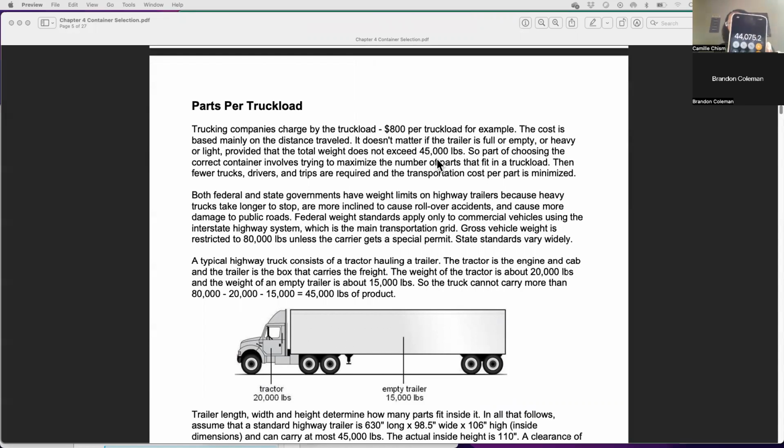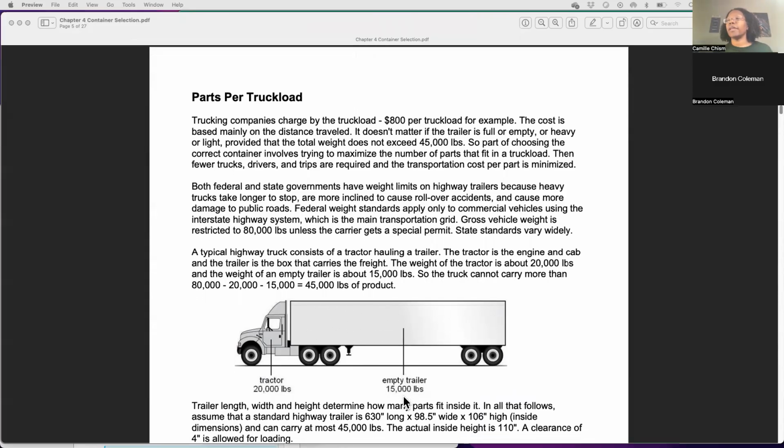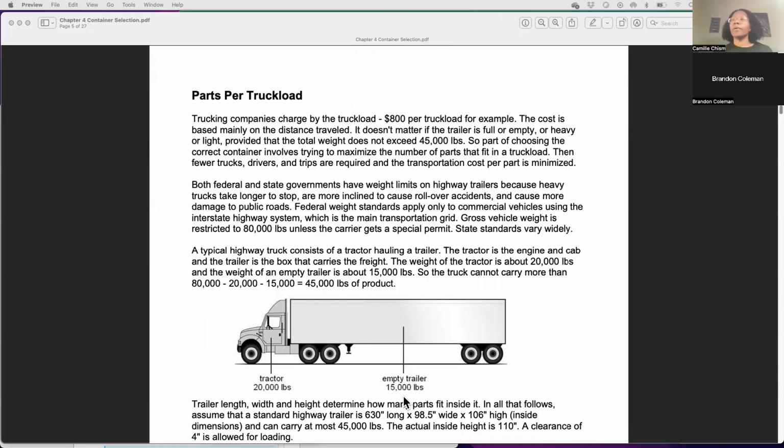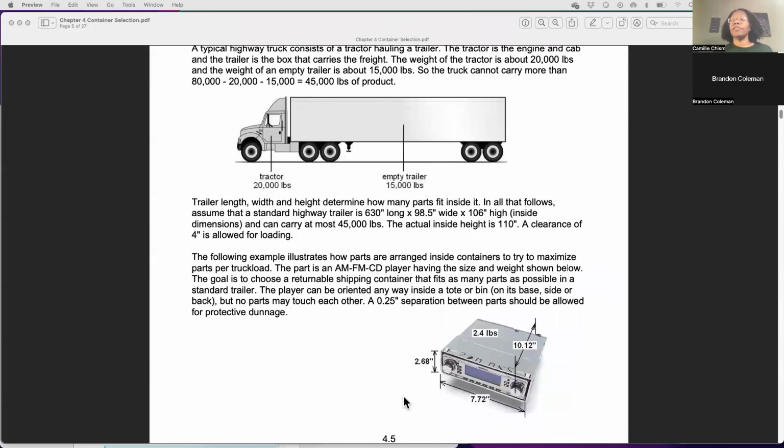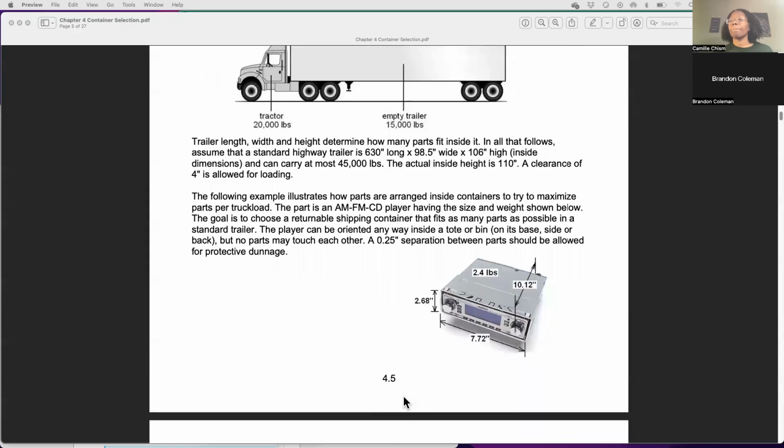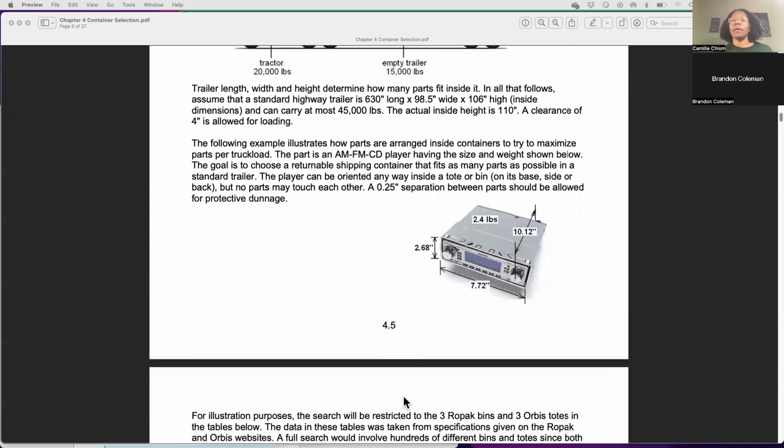That I'm good. So once I take this 44,000 pounds, add it to that tractor weight of 20,000 pounds, plus the 15,000 pounds of the trailer empty, I'm just under 80,000 pounds. So I'm good. Now, if these parts weighed anything more, I think we'd have a problem with the weight limit.